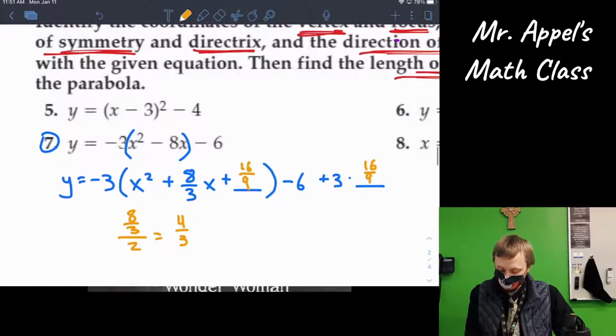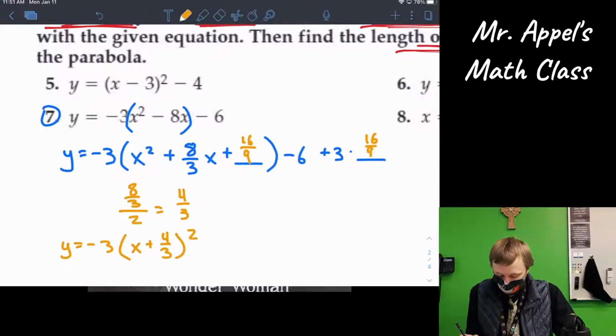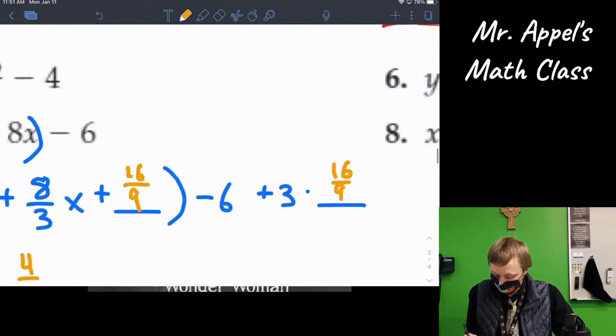Add to both places. And now we can reduce. This is now negative 3 times x, this is all plus the 4/3. So that becomes our number in there. Minus 6 plus 3 times 16/9. Ooh, what is this going to be?